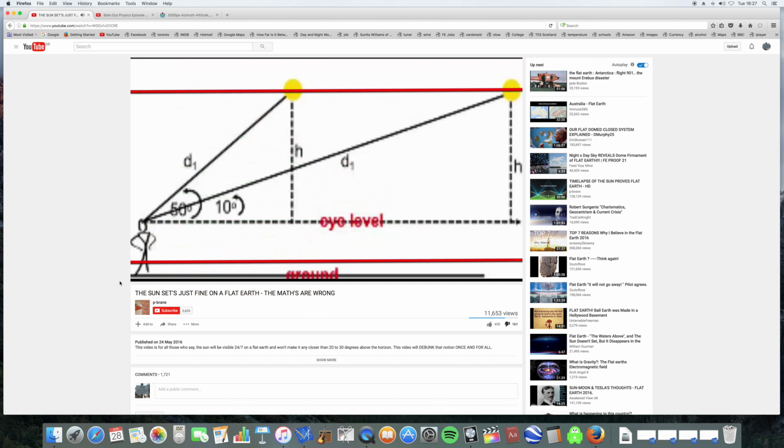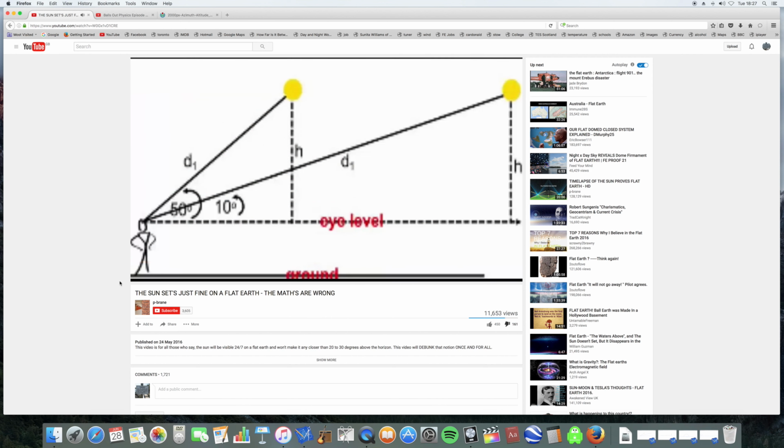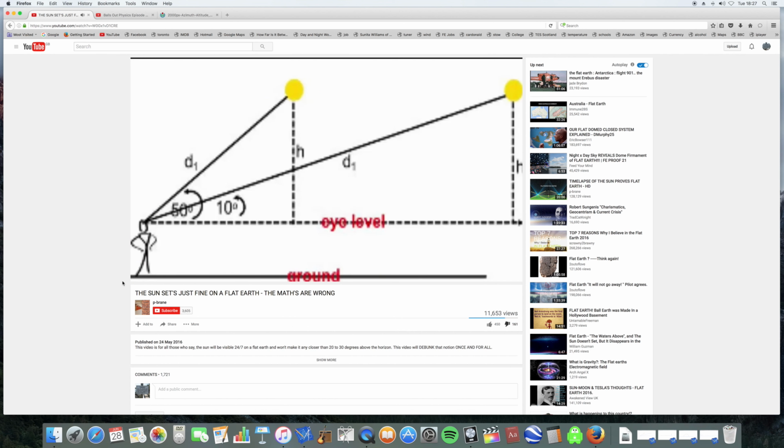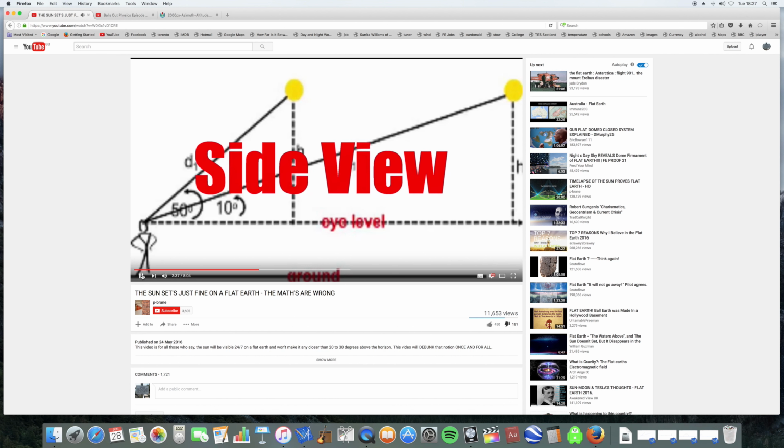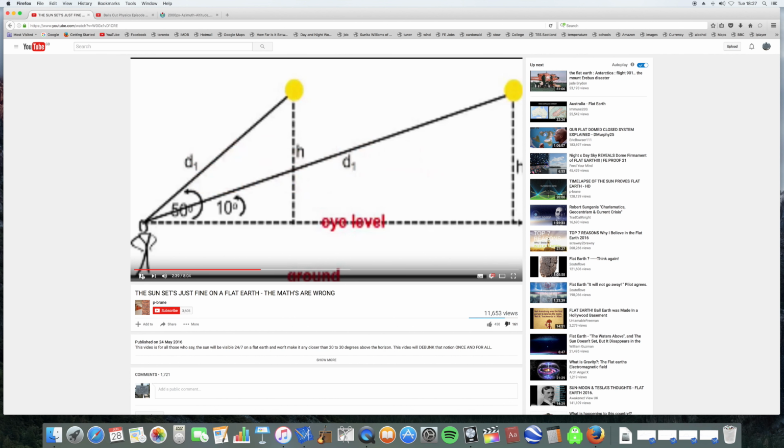They have two parallel lines and they're drawing visual angles to it. It's true that this drawing is an accurate representation of actual relationships and positions of the observer to the sun, but it's a non-perspective side view representation. So this diagram is not accurate at all as it relates to the perspective of the observer.